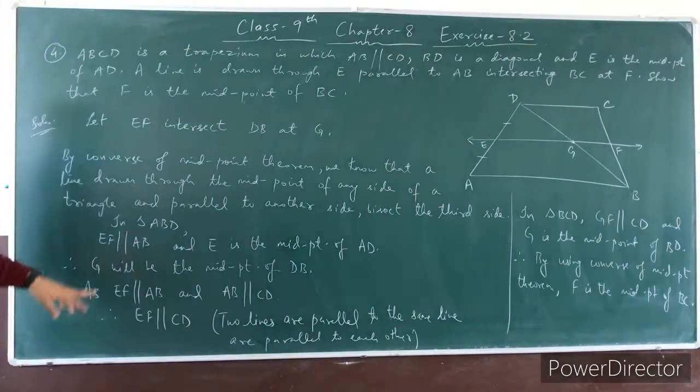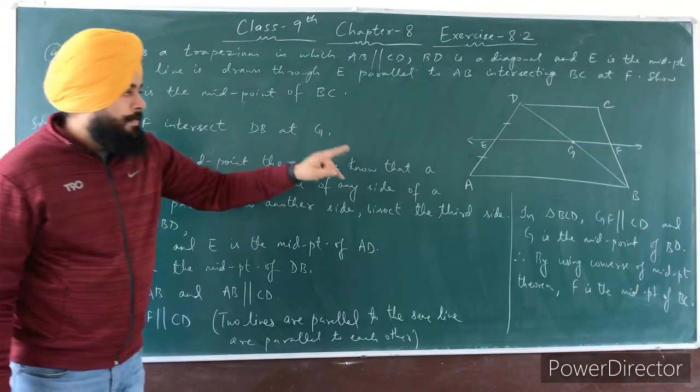Clear, students? So G is the midpoint of side BD.